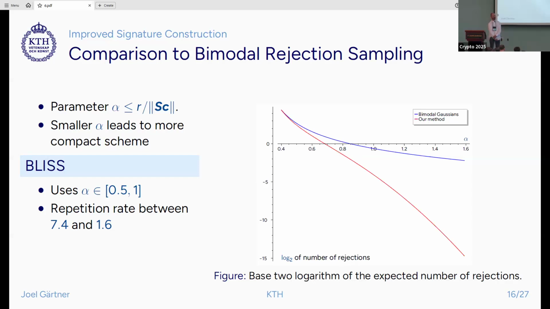And here in red, we have the behavior of our new reaction sampling. It would be good if we could use a smaller alpha for our new reaction sampling, as this would allow for a more compact scheme. But as you can see in this plot, for smaller alpha, our reaction sampling and the one of Bliss behave very similarly.